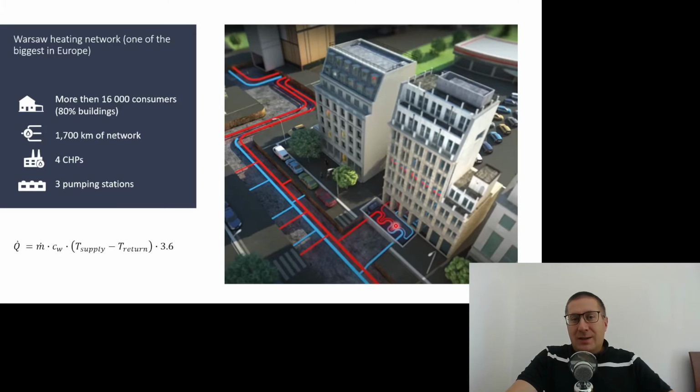Pumps are located in the plant, in the heat sources, and in some networks, like here in Warsaw, there are dedicated pumping stations that are located in some parts of the city where there is a need for additional pushing, let's say, the water, for additional pressure.